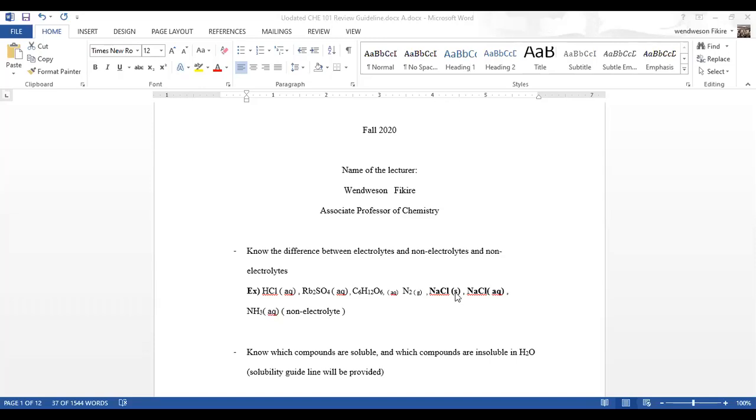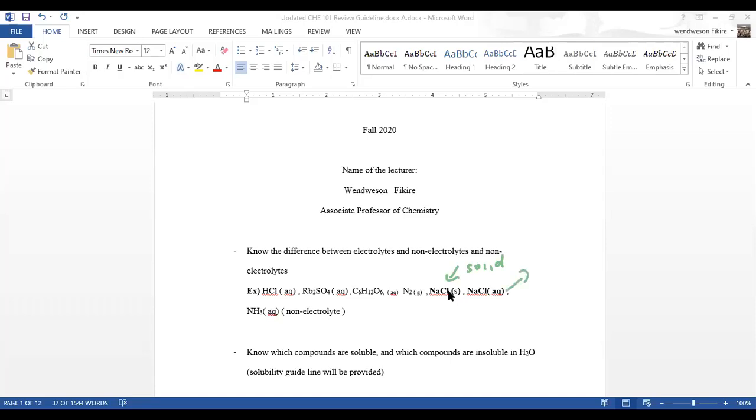Okay, and then also be careful about the state. For example, we have sodium chloride (s), which is solid, and sodium chloride aqueous. Which of the two would you think would be an electrolyte? Sodium chloride (s) is a solid, so it cannot be an electrolyte.